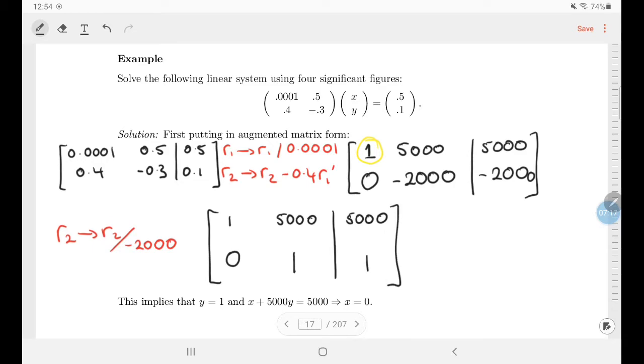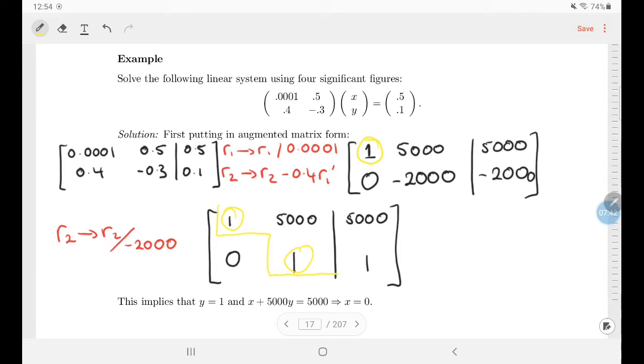Okay, now this is in reduced form because you've got pivot, pivot, and you've got that staircase. And you know there are solutions because there's no row of the form 0, 0, non-zero. So we can say that y is equal to 1. Now look at row 1: x plus 5,000y is equal to 5,000.